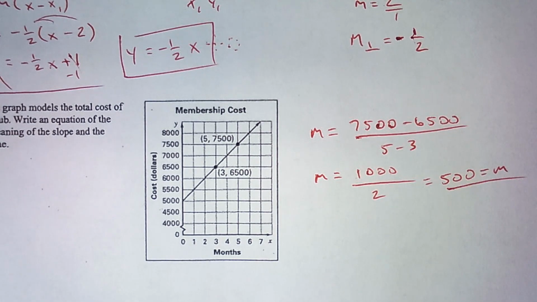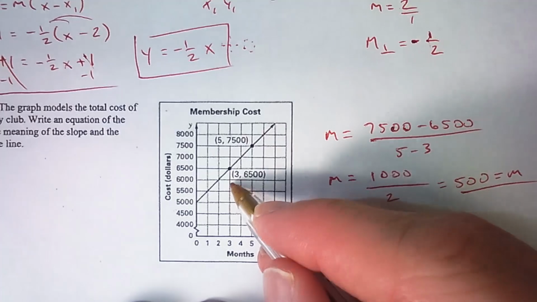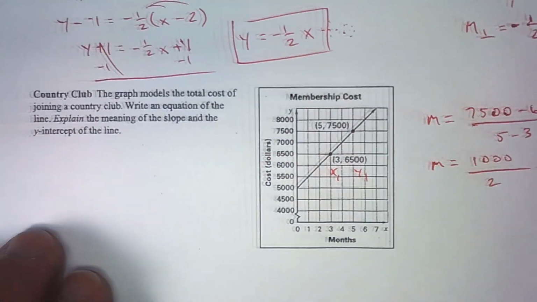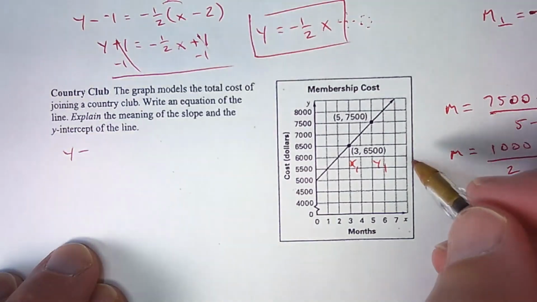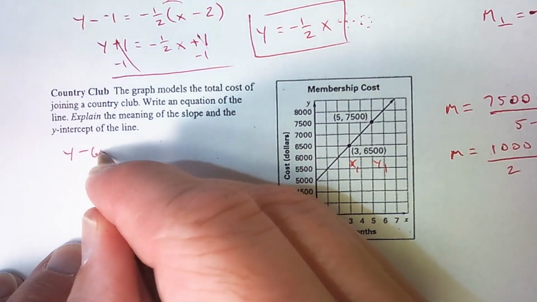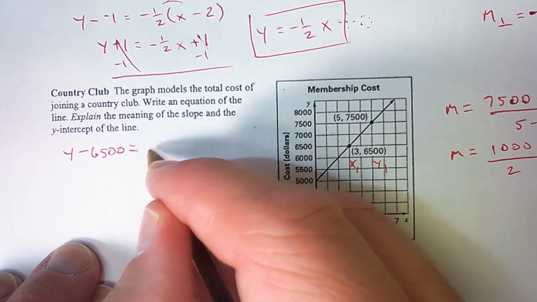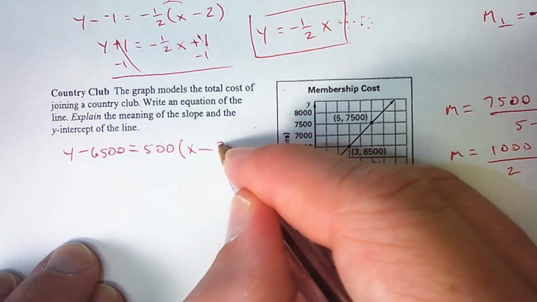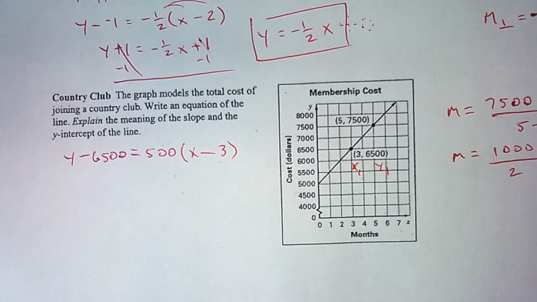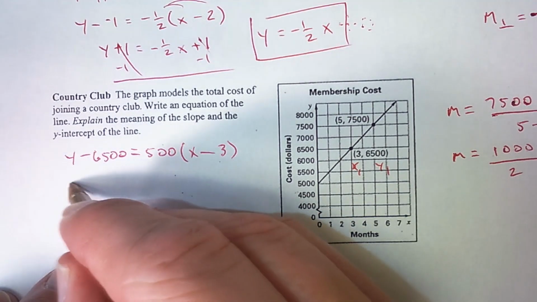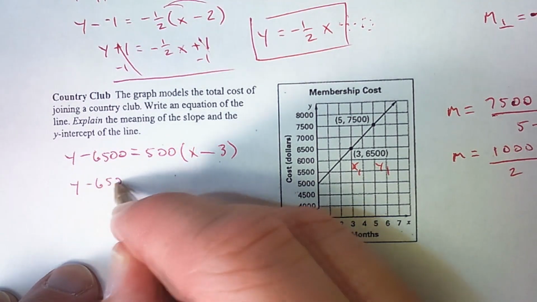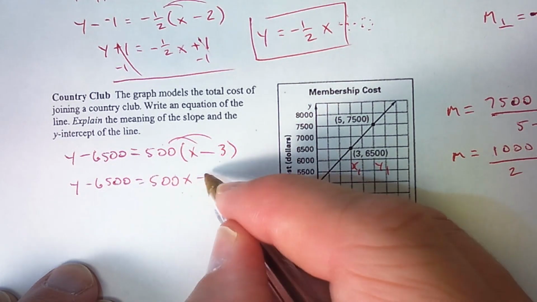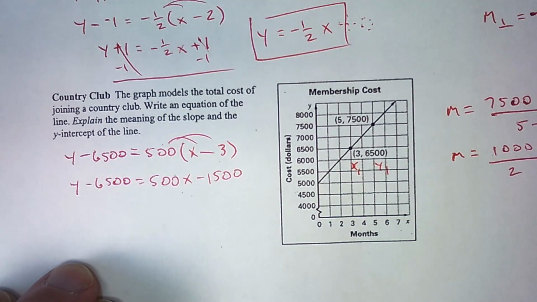Okay, so now I'm going to use that along with one of these 2 points, and I'll use this one here as my x1, y1, just because it has smaller numbers. So we have y minus y1, which is 6,500, equals m, which is 500, times x minus x1, which is 3. So we have y minus 6,500 equals 500x minus 1,500.